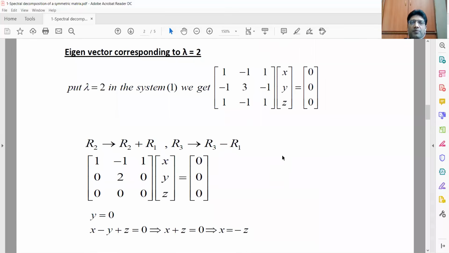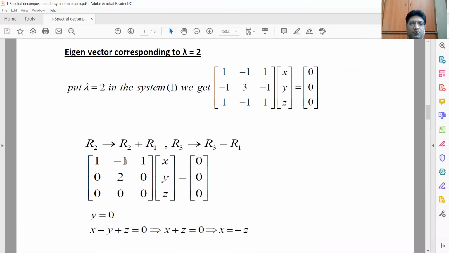Now I have to make this matrix into echelon form, or we can say upper triangular matrix. That means the entries below the principal diagonal I want to make 0. For that purpose, I am adding the second row with the first row.